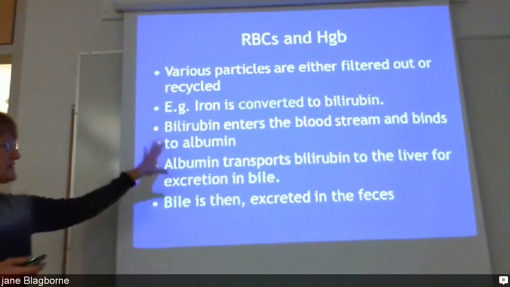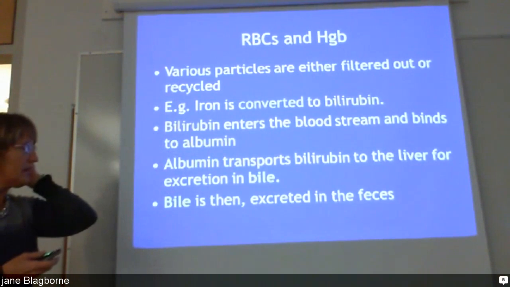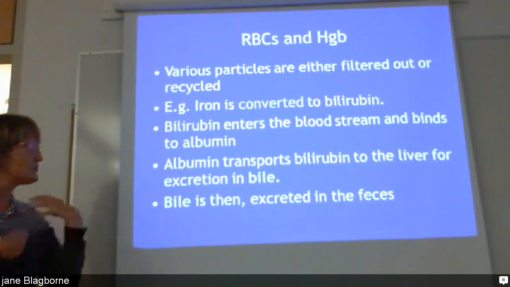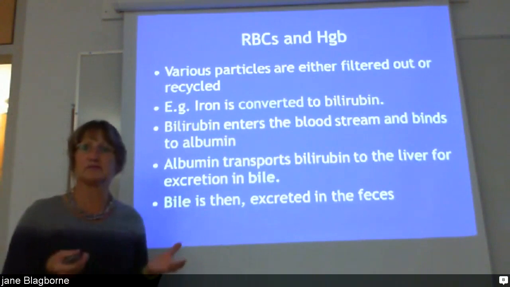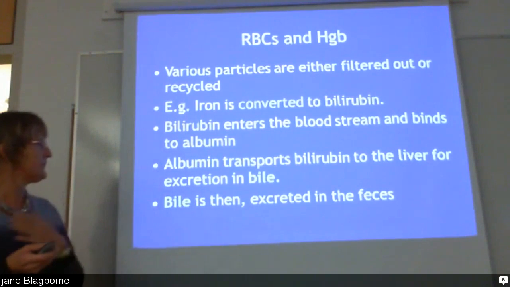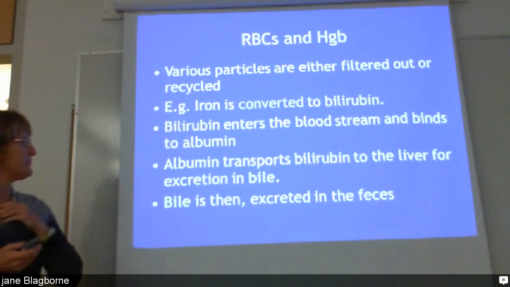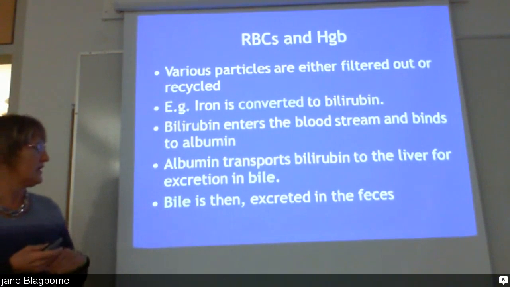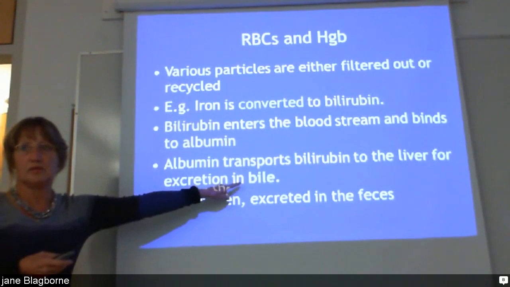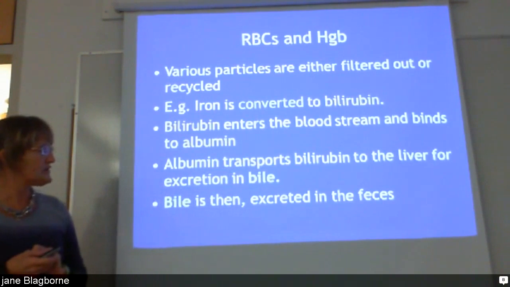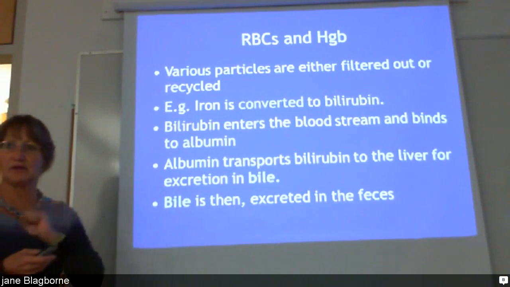There's lots of other things that could cause this as well. Tumors of the liver, that type of thing. The liver is involved in bilirubin. It's excreted as bile. Okay. So bile is a bright green color.